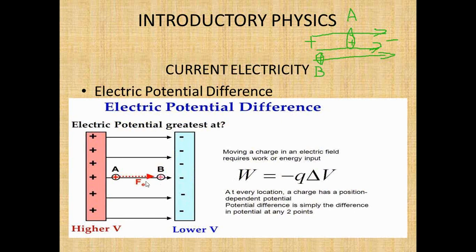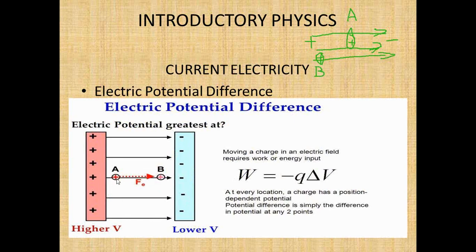It's all because if you're going to move your test charge, say you move your test charge to this location A, you're going to give it a high electric potential. And there's going to be an electric potential difference between this location and this location.